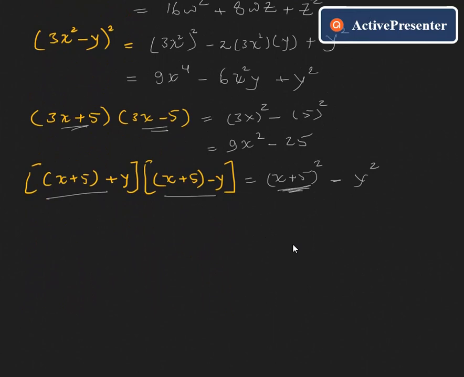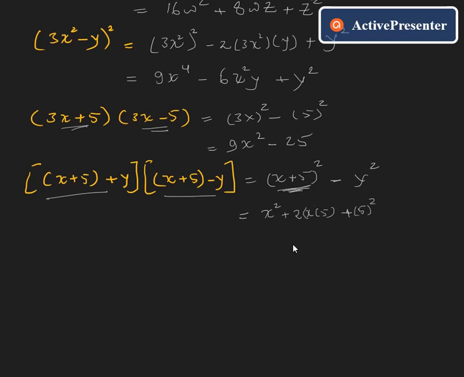It is a binomial raised to the power 2. We know it should be the first element square plus 2 multiplied in the first element multiplied in the second element plus the second element square, which is 5 square.